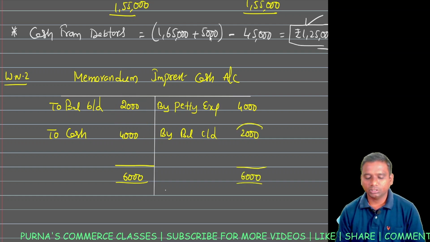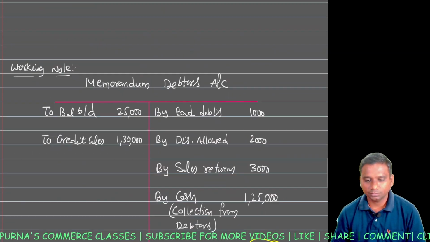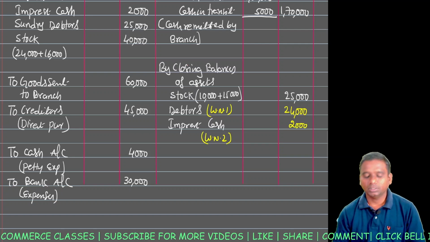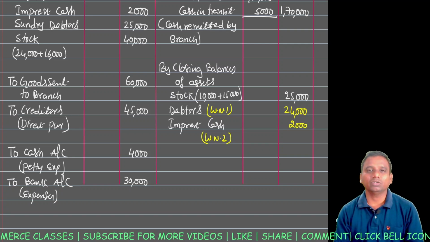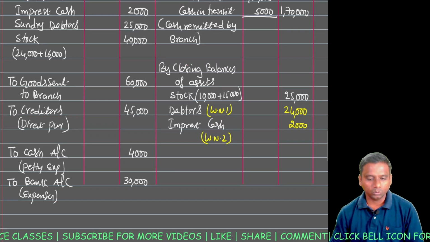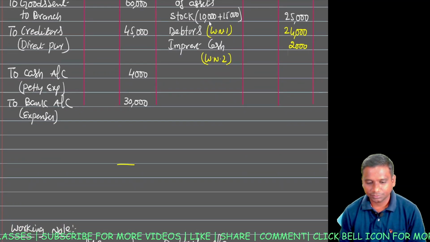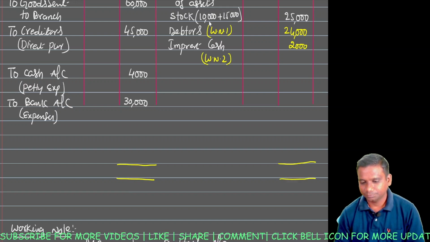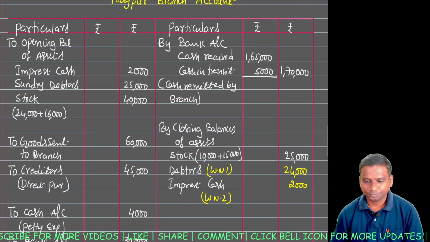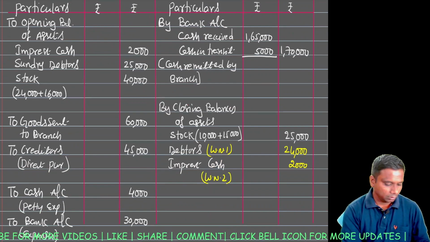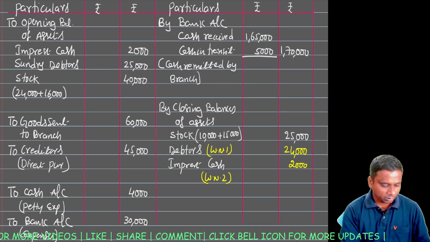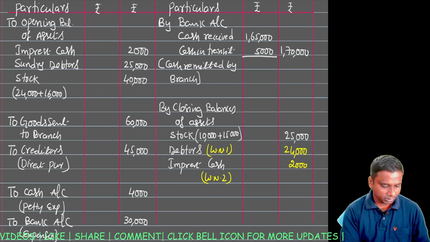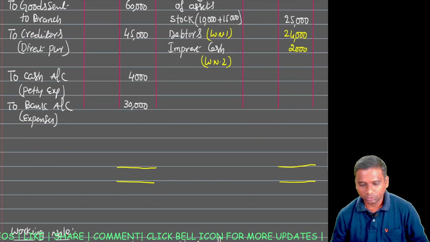Now substitute this 2,000 rupees in the account. Yes, 2,000. All the details we have recorded in the account. Now at the end, balance this. Look at total credit: 1,70,000 plus 25,000 plus 24,000 plus 2,000, 2,21,000 total credit.